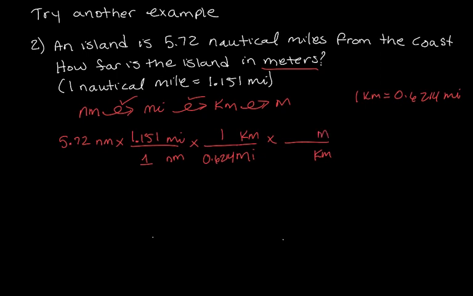And how are they related? Remember that meters is the base unit, and kilometers is 3 steps above it. So 1, 2, 3, 10 to the third. So since kilometers is bigger, it's going to get the 1, and then the meters is going to get 10 to the third.